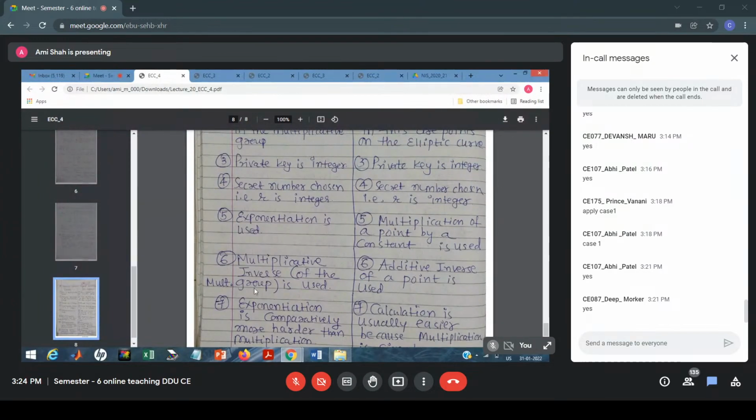The sixth point is that the multiplicative inverse of the multiplicative group is used, while in ECC ElGamal the additive inverse of a point is used.